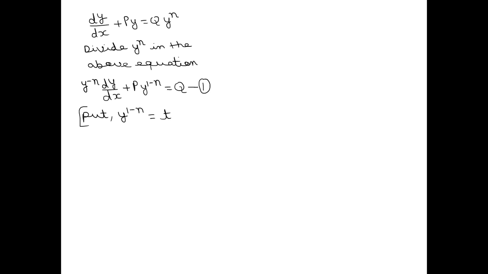Differentiate this with respect to x. This becomes 1 minus n times y raised to the power minus n dy by dx equals to dt by dx.